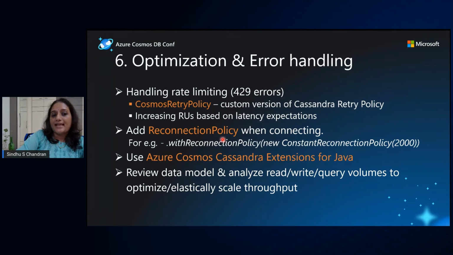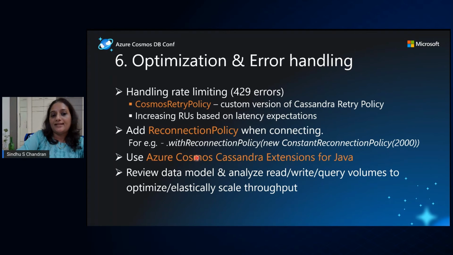And this is again a must do: implement the reconnection policy. Cassandra supports 2 or 3 reconnection policies. The one that is recommended for Azure Cosmos DB is the constant reconnection policy with around 2000 milliseconds. This is sort of a must have, because we found that without this, your jobs are likely to have connection issues.